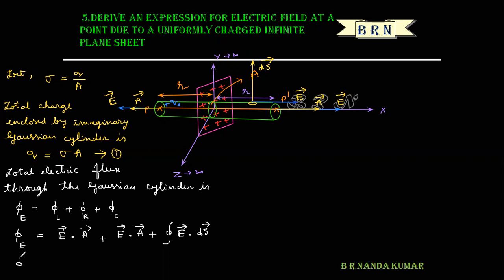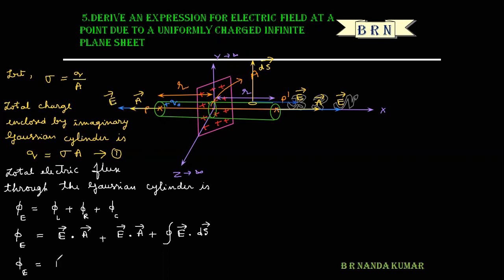So total electric flux is equal to... the dot product of two vectors is given by the product of the magnitudes of the two vectors and the cosine of the angle between them. So what is the angle between the E vector and the A vector? Both are in the same direction. The angle between them is 0.